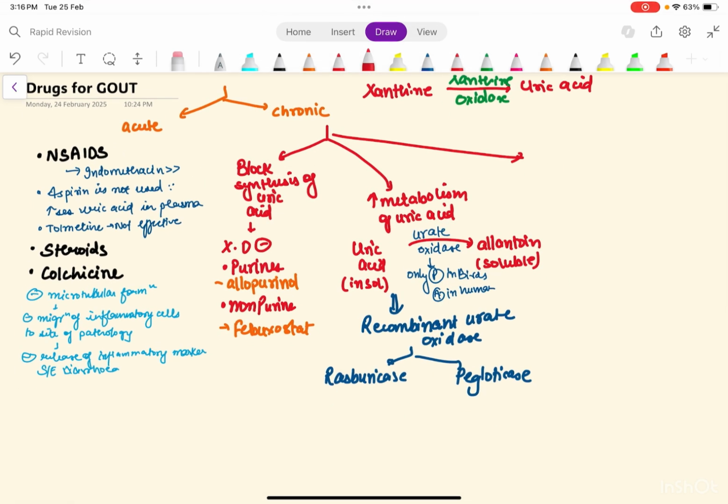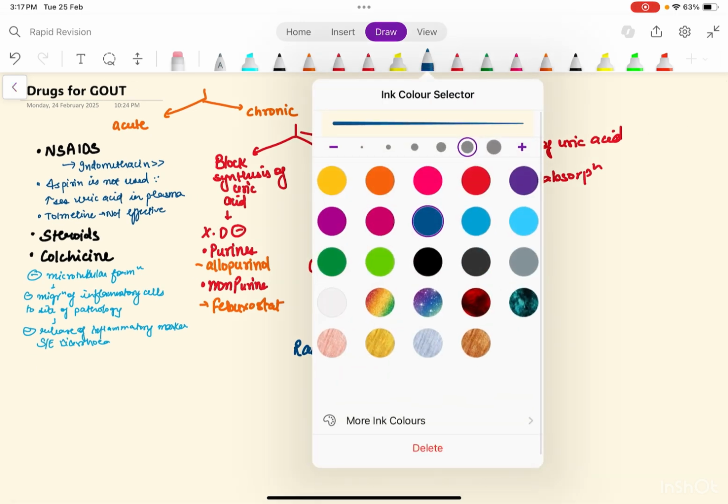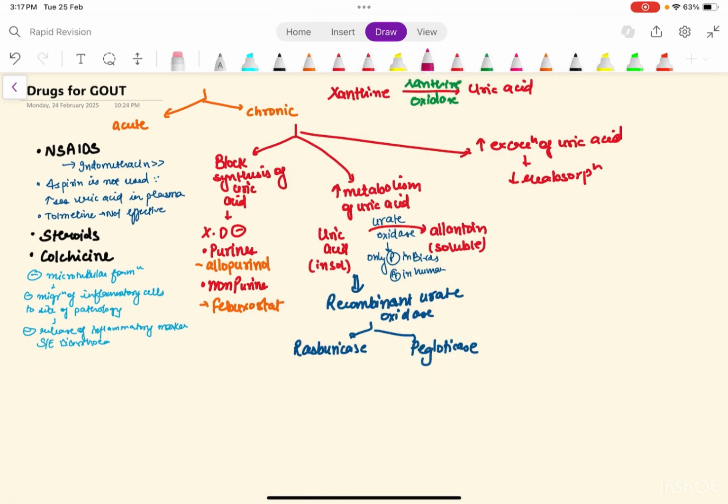All right, then coming on to the third mechanism. Now in third mechanism we can increase the excretion of uric acid. So here basically to increase the excretion of uric acid, we will basically decrease the reabsorption. Right, now to remember these ones, you need to know a simple mnemonic which goes by PROBABLE.